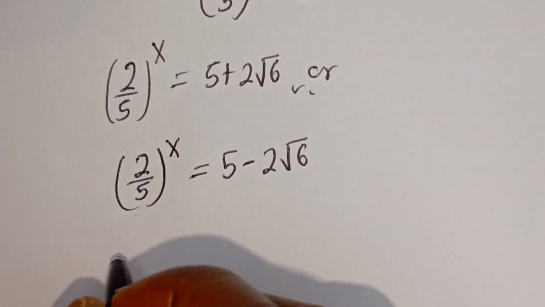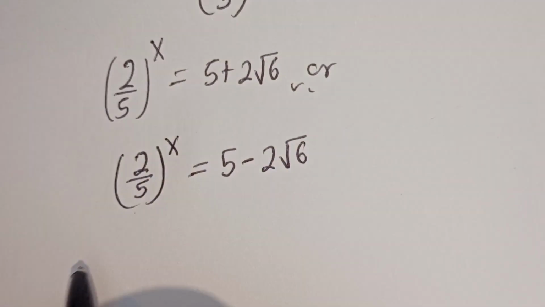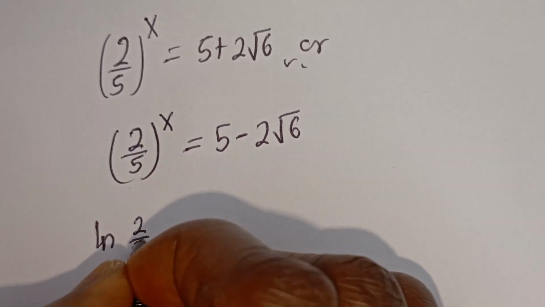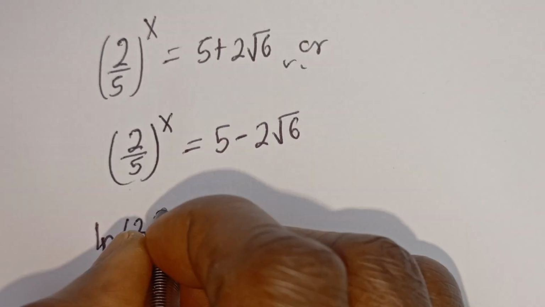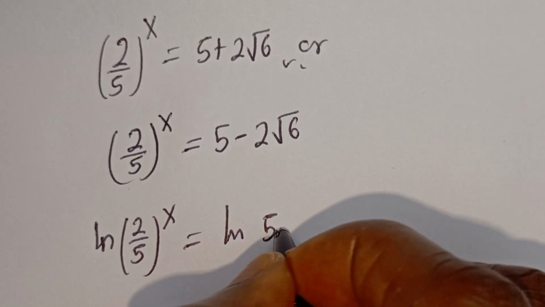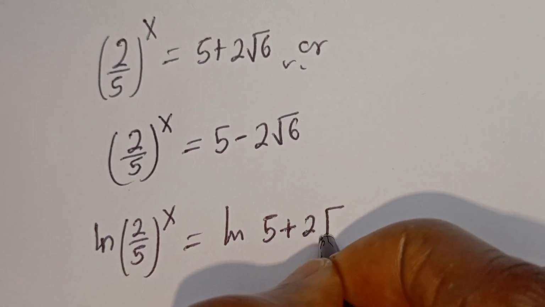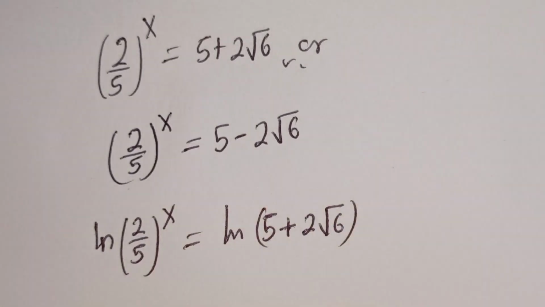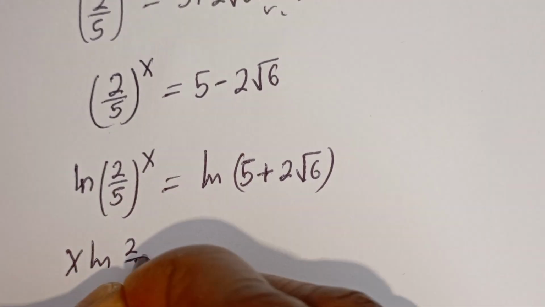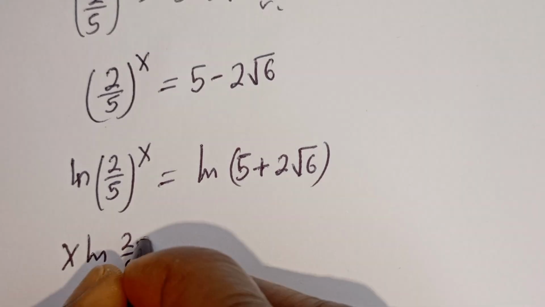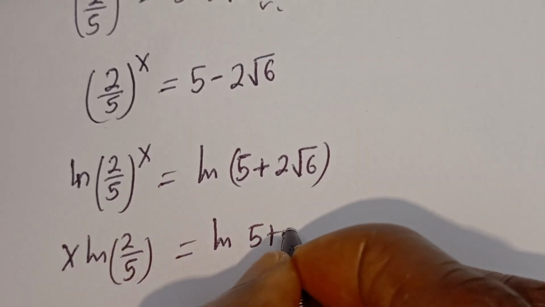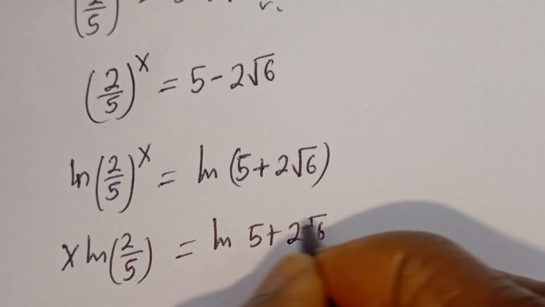From the first one here, let's take the log of both sides. We have natural log of 2 divided by 5 to the power of x is equal to natural log of 5 plus 2 root 6. Then we have x ln of 2 divided by 5 is equal to ln of 5 plus 2 root 6.